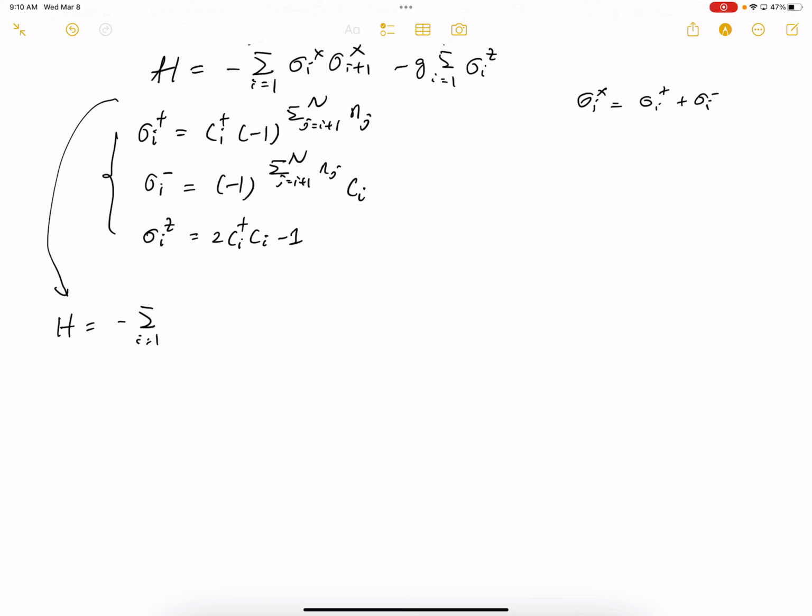This is the last equation I wrote in Monday's class. This looks somewhat complicated, but it's really just plugging this expression and this expression into that equation here. So we're going to work this out in this class.